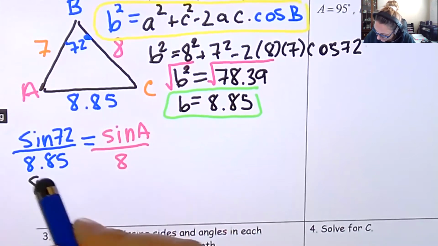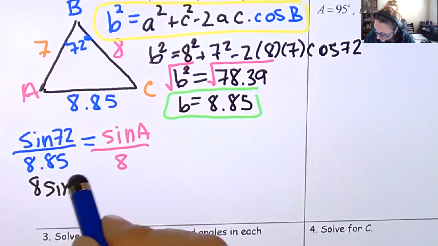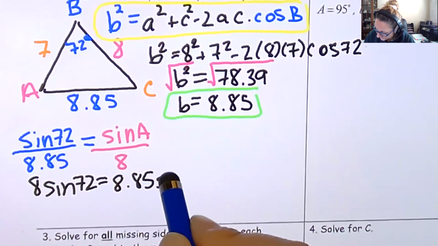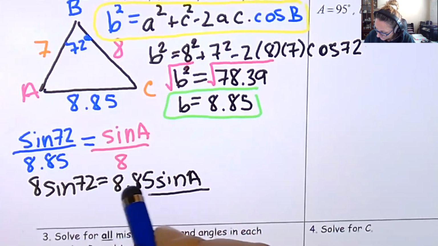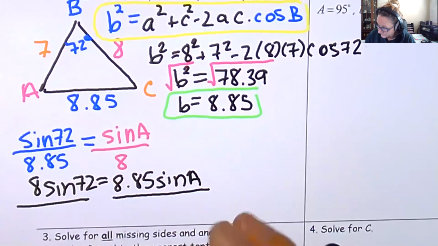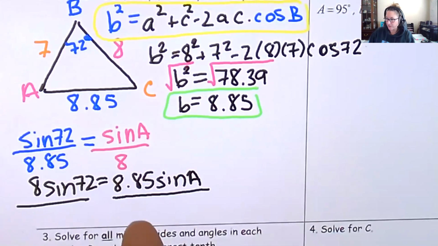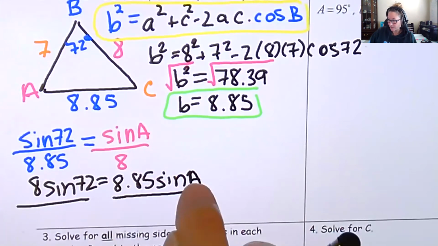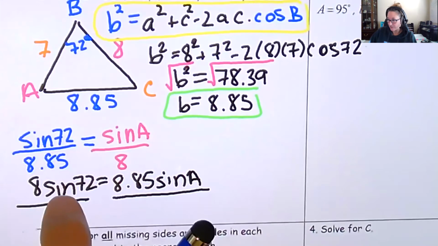I'm going to have 8 sine 72 is equal to 8.85 sine A. So that's what I got. I multiplied this together and I got this. I multiplied this together and I got this.